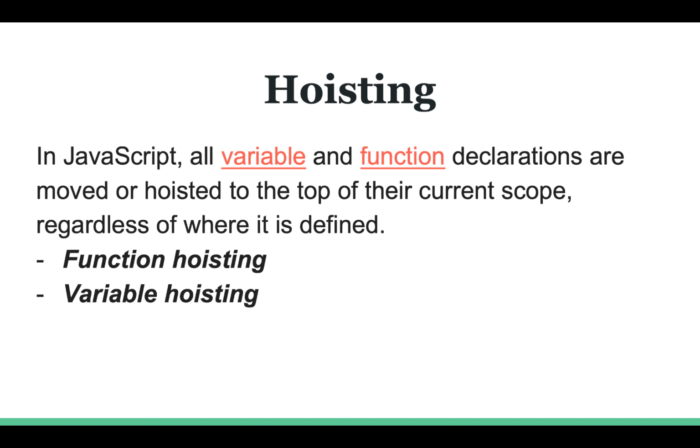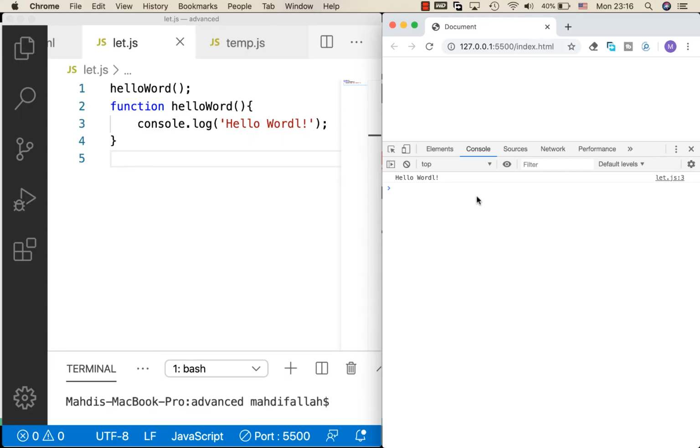In simple terms, hoisting means as long as a function or variable is declared, it can be used after or before it is defined. So what is function hoisting? Functions that are defined using function are automatically hoisted. That is, they can be called even before they are defined.